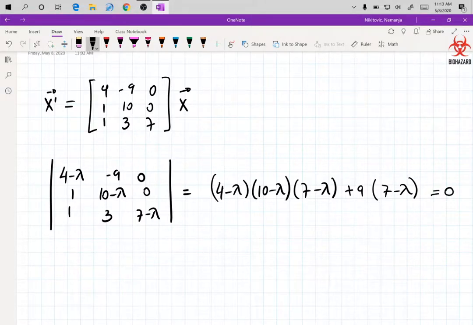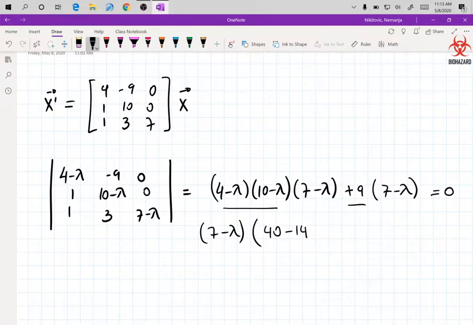Now there is a very quick hack way to solve this. You see that 7 minus lambda is present in both. So we can factor 7 minus lambda, and in these parentheses just multiply this and then do plus 9. So that's going to be 40 minus 14 lambda plus lambda squared, and then plus 9 equal to 0.